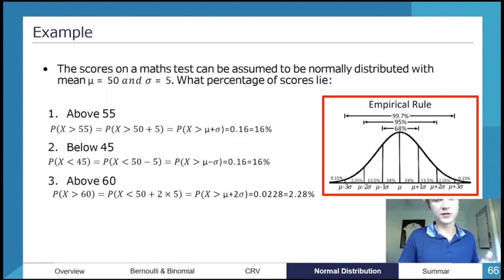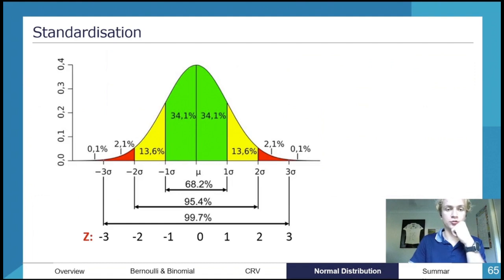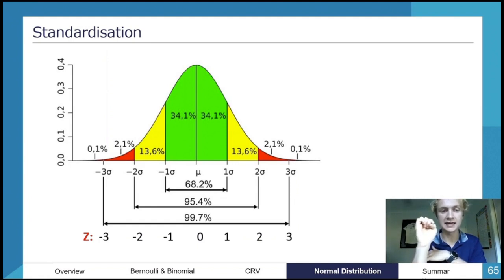So this is once again showing that empirical rule that you just have to memorize. I'm not going to repeat myself again. But what we have are these different Z values, and Z is talking about how many standard deviations away from the mean it is.